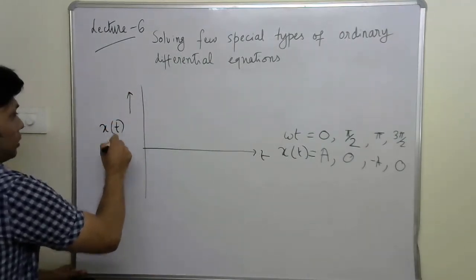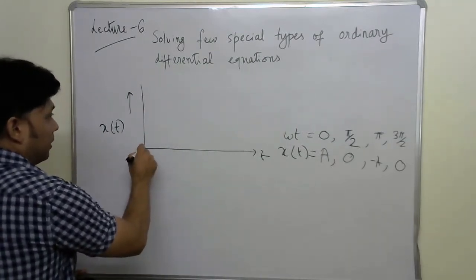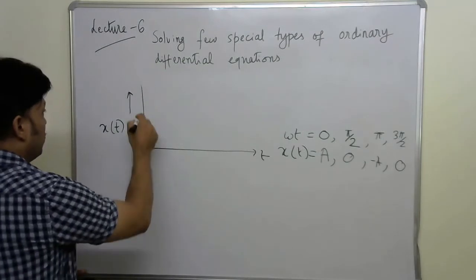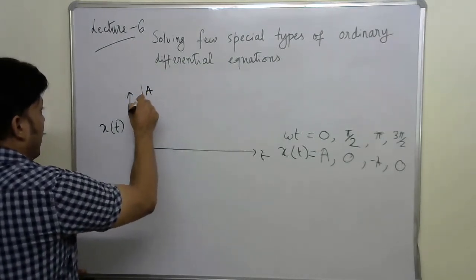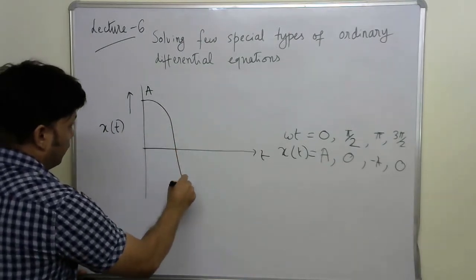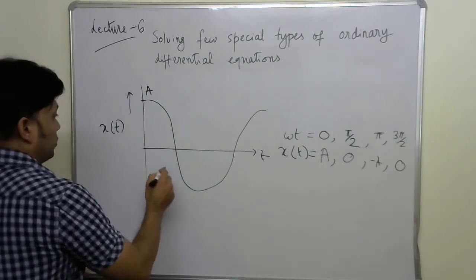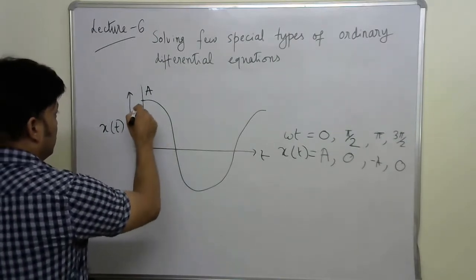So this is the time axis t, and here we have our x(t). At omega t equal to 0, that means when t is equal to 0, we have the amplitude A, and then the graph goes like that.